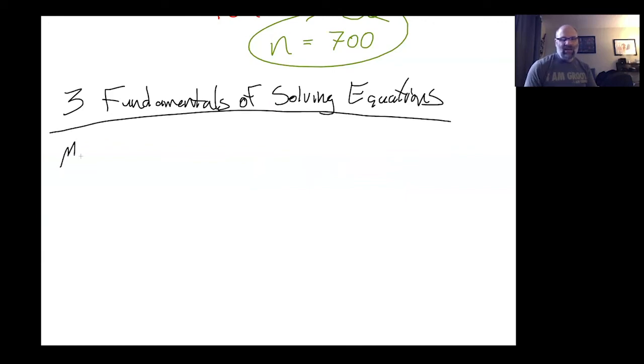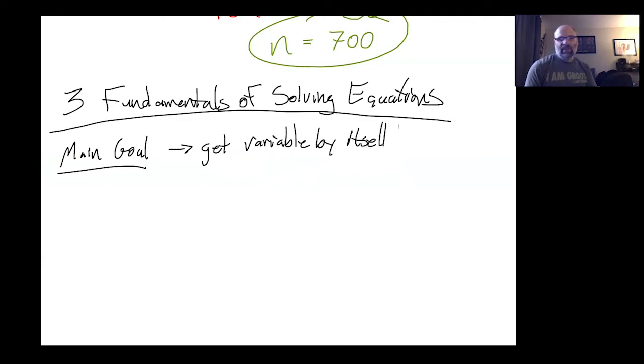Your main goal: get the variable, or letter, by itself. That's your main goal. You're trying to get rid of everything that's hanging out with the variable.